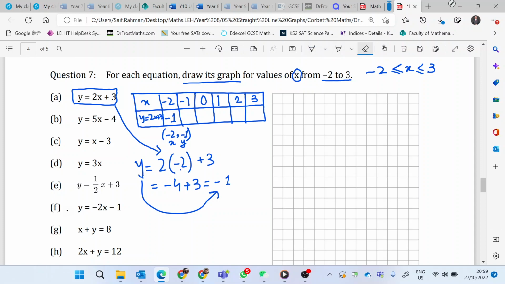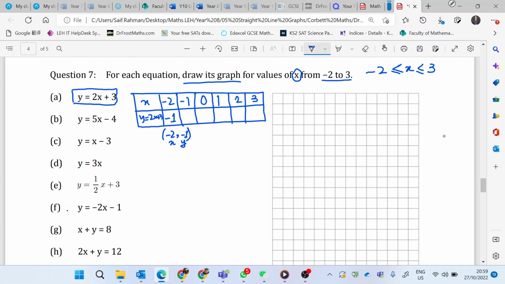In the same way, we have to find the y values for all these points. I'll go a little quicker so that we can do it quickly. When we put -1 here in place of x, it becomes -2, because 2 times -1 is -2. -2 plus 3 gives us +1.